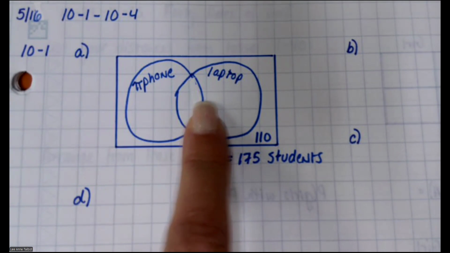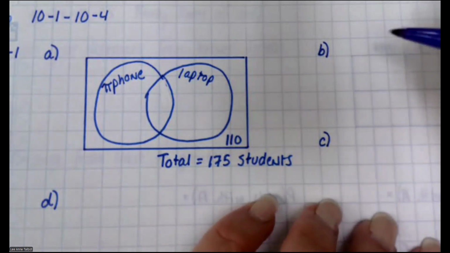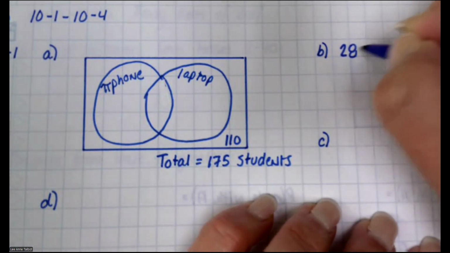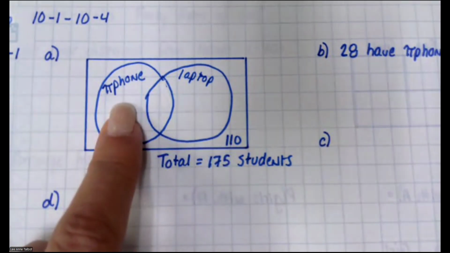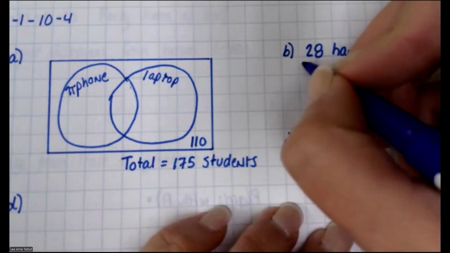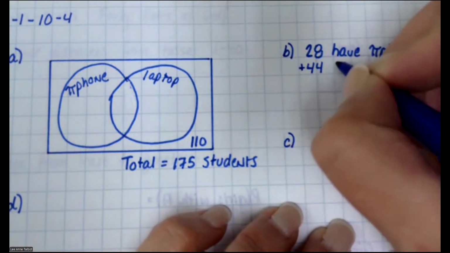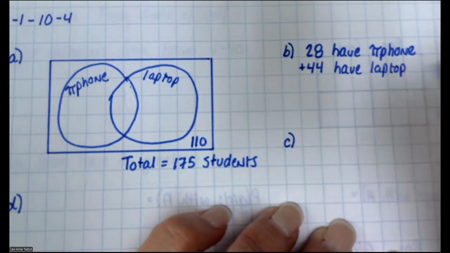65. Okay, so they told us in the problem that 28 have the Pi phone. Notice I'm not putting 28 over here, and I'm not doing that for a reason, so hold that thought. 44 have a laptop.